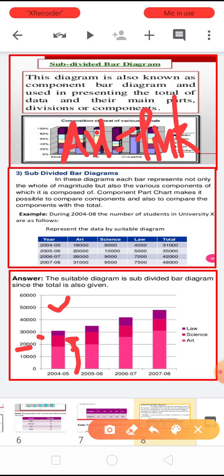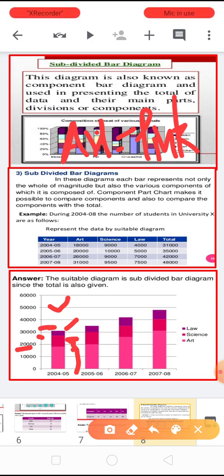So the remaining 4,000 students we have are for law. The students of law we are representing with this color. And when we add, 27 plus 4, that is 31. So we will take the height of this bar up to 31.